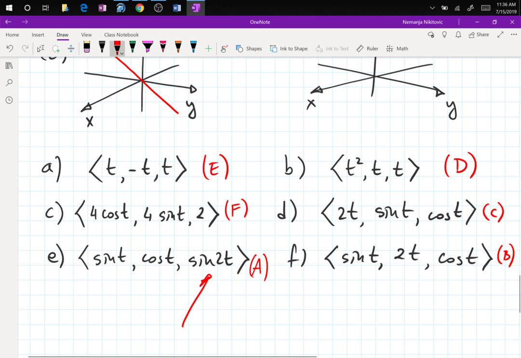Now consider helix. When you look at it one way, it's connected because it's a circle. But when you look at it the other way, from the side, it kind of goes up and never ends.